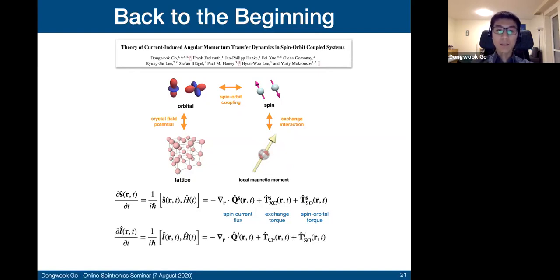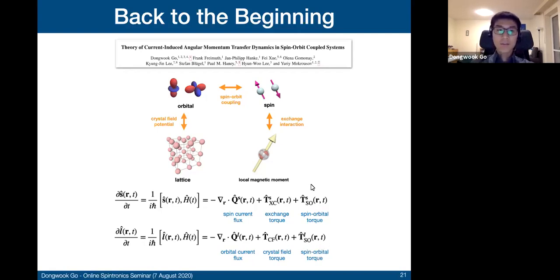We can do the same thing for the orbital. First of all, we have the orbital current flux. Also, we find the crystal field torque, which describes the momentum transfer between lattice and orbital through the crystal field potential. Again, we also have a mutual transfer of angular momentum between spin and orbital.